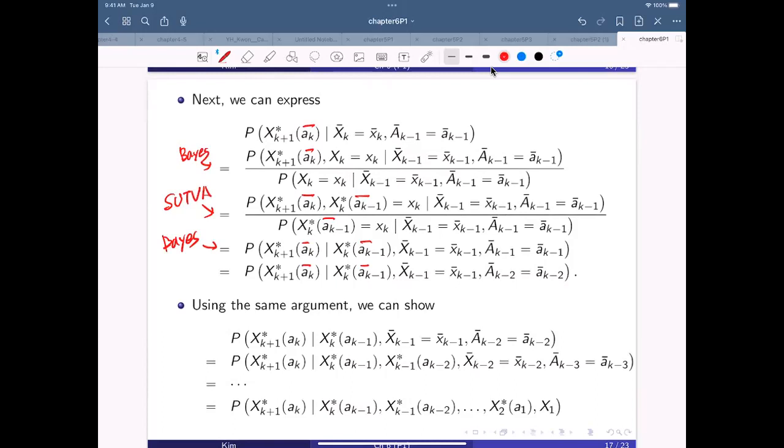No, actually I didn't really cancel out anything. This one just goes inside. This is joint, this is conditional, this is marginal. Joint divided by marginal is conditional.